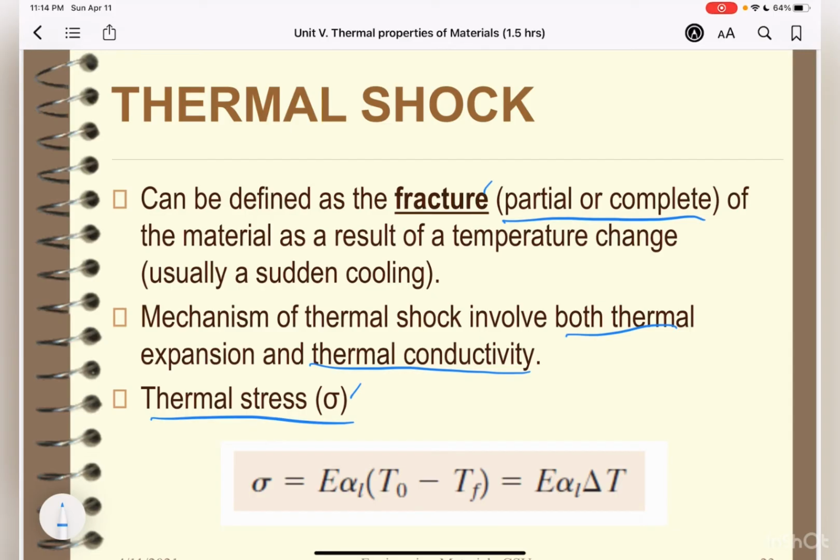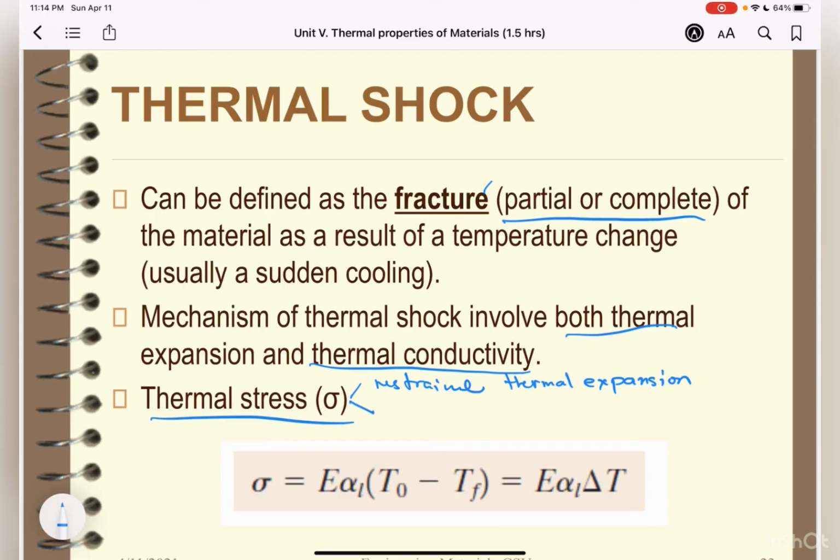Either fracture or undesirable plastic deformation. So the two prime sources of thermal stresses are restrained thermal expansion, when you didn't give time for the material to expand slowly, or a temperature gradient established during heating and cooling.